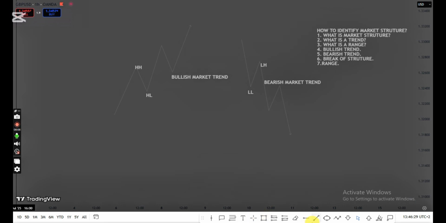Okay, so let's get into the range and let me demonstrate what a ranging market looks like. A range, we have said, is when price is creating highs and lows but without breaking them, right? So it's just moving sideways. Price is moving sideways, making a low. Sorry about that.